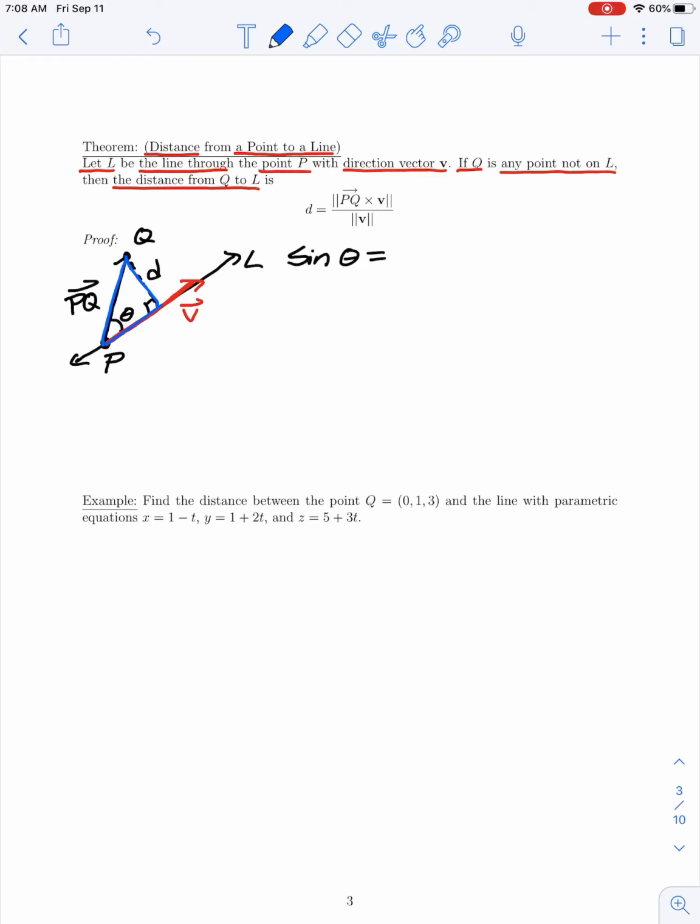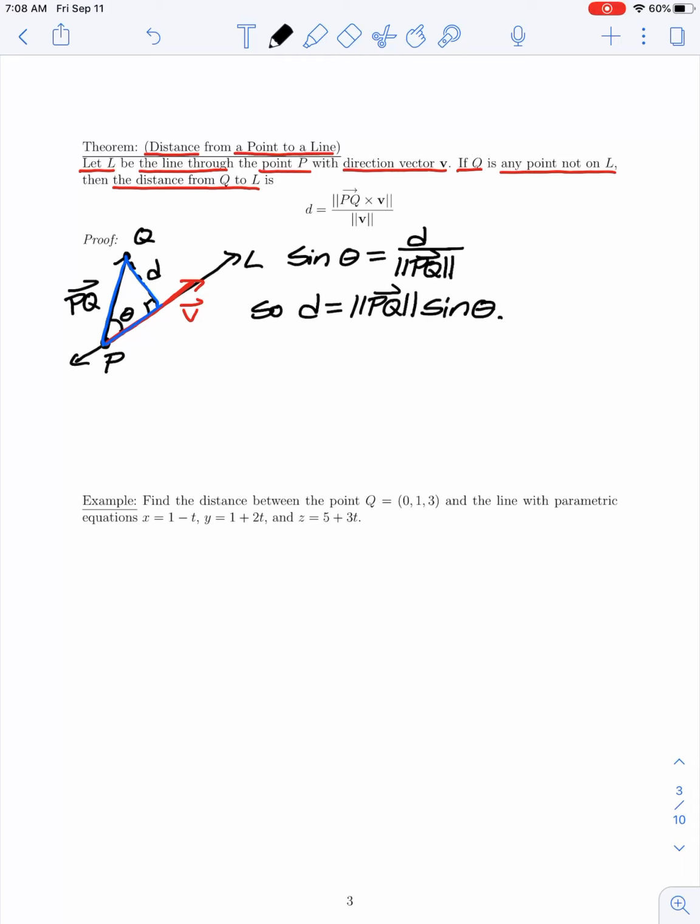Sine of an angle is defined as the ratio of the length of the opposite side, which would be d, to the hypotenuse, which would be the length of this vector from point P to point Q. So solving for d, we would have the magnitude of this vector from P to Q times sine of theta.